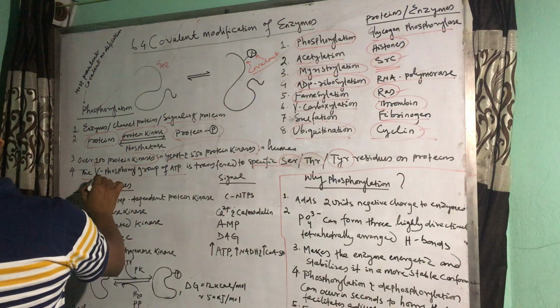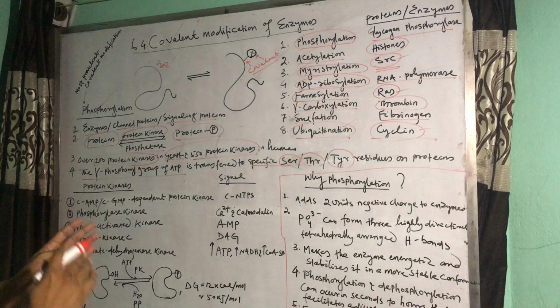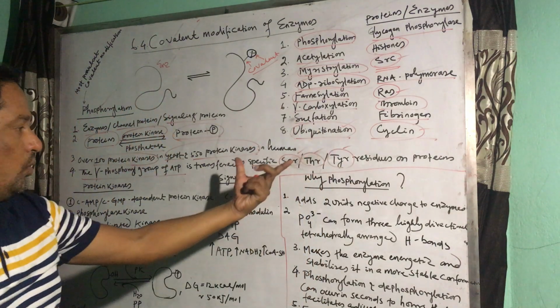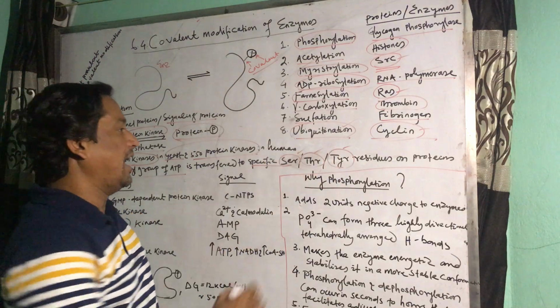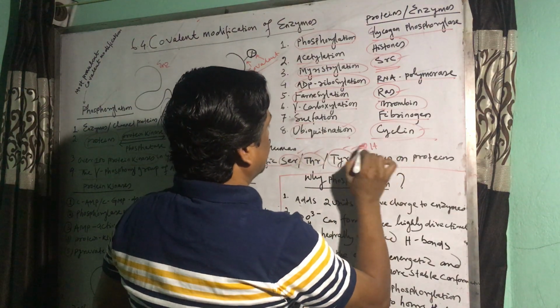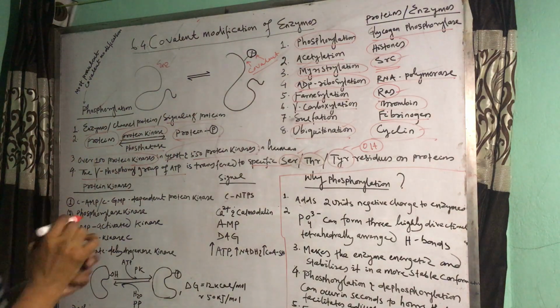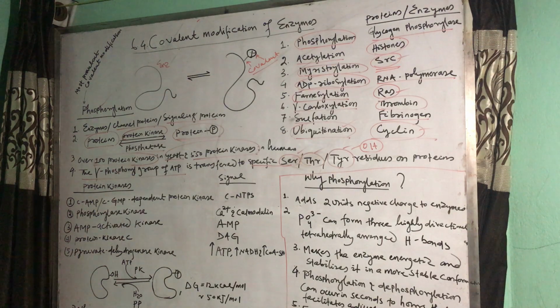Protein kinases transfer this terminal phosphoryl group from ATP to these residues, serine, threonine and tyrosine. We remember that these amino acids contain a hydroxyl group on their side chain, and these hydroxyl groups are phosphorylated by protein kinase.